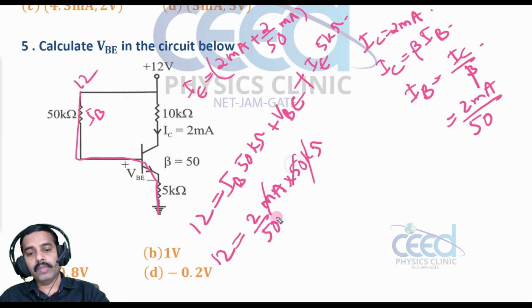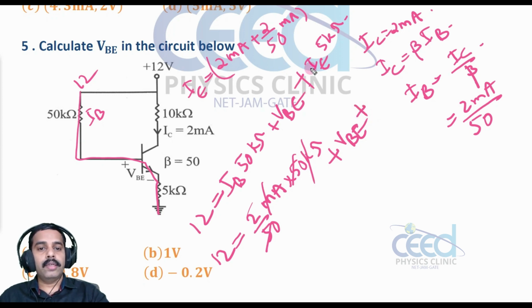So 50 cancel, and we have 2 here. Plus VBE, we need to solve. And we have this 2 by 50 into, what is IE? IE is equal to this. Let me write this as 2 into 50, 100, plus 2. So 102 by 50.